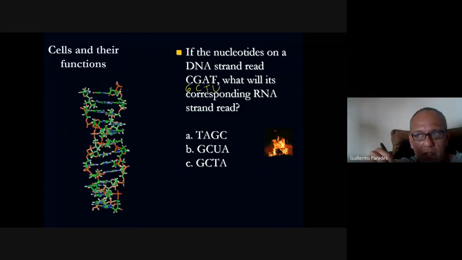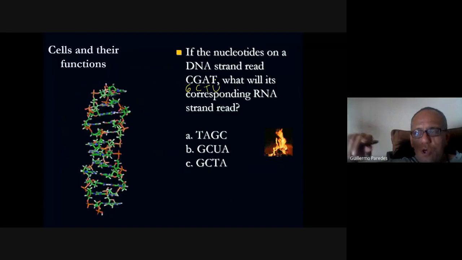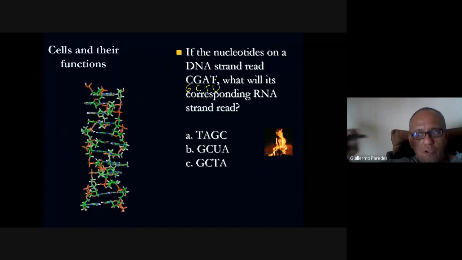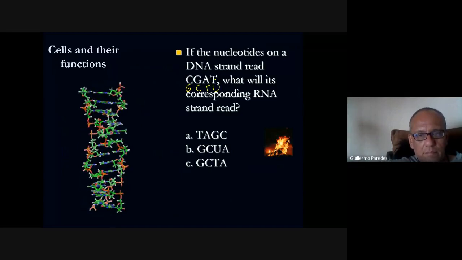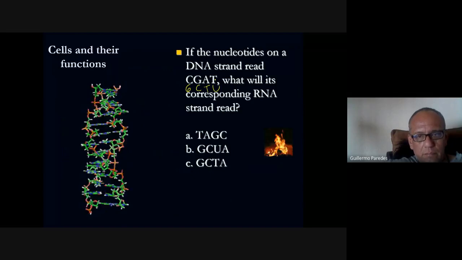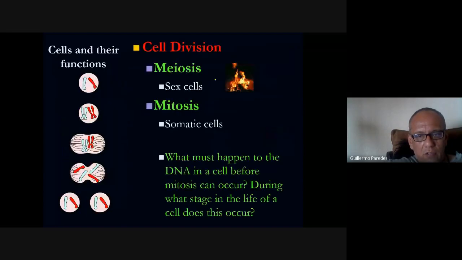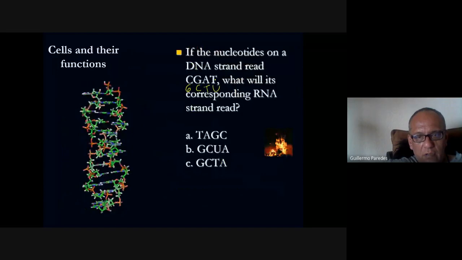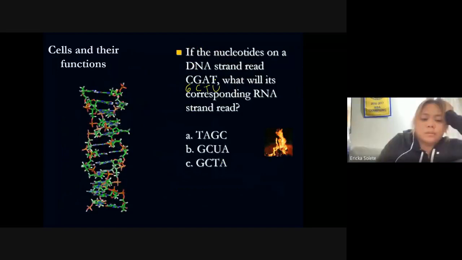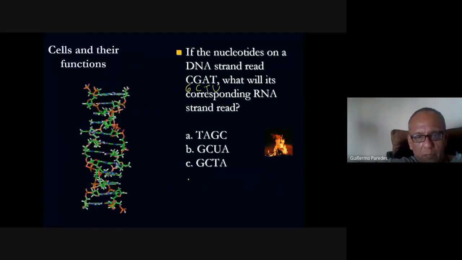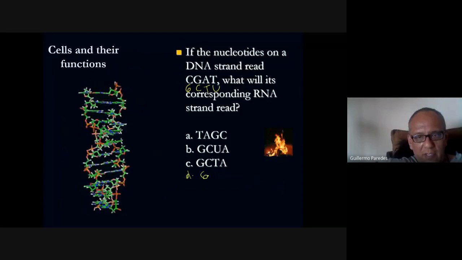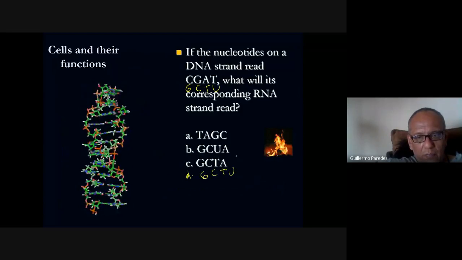You got it, because the RNA does not have T, they have U instead. Okay? There is no answer here, so let's put D here: G, C, T, U.